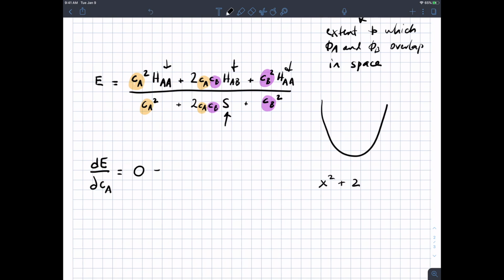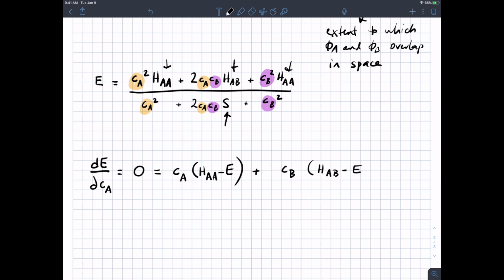So the equation we get when we do all of that is 0 equals coefficient A times (HAA minus energy) plus CB times (HAB minus energy times S).